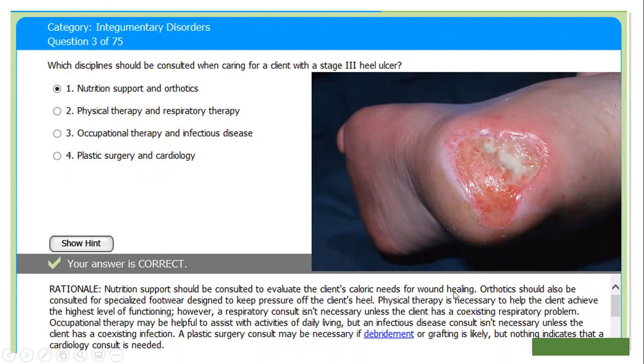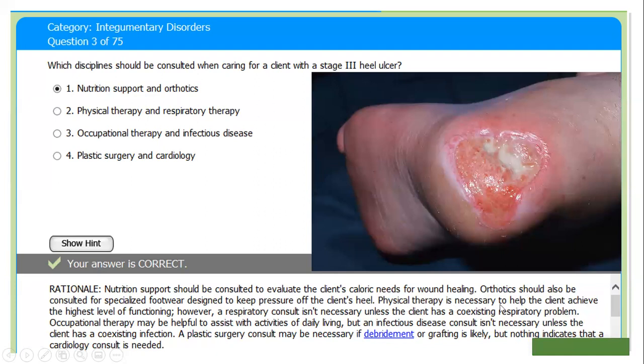A good nutrition helps with healing the wound. Orthotics should also be consulted for specialized footwear designed to keep pressure off the client's heel.